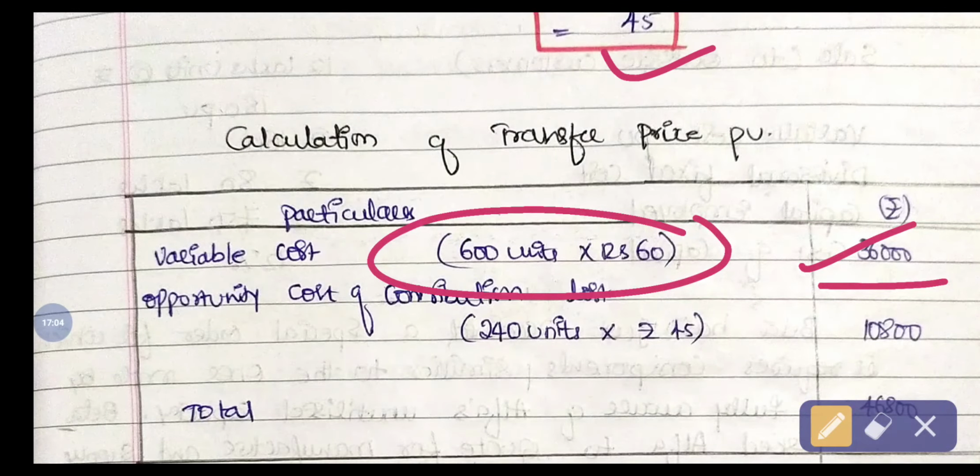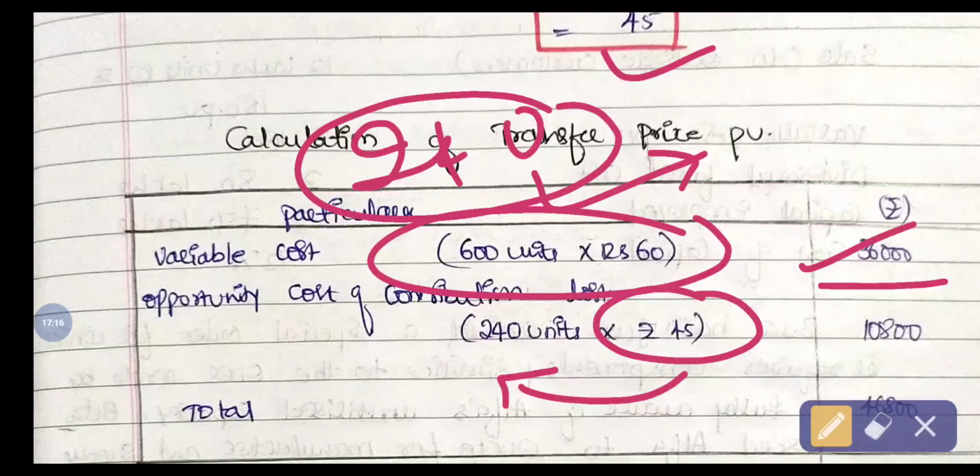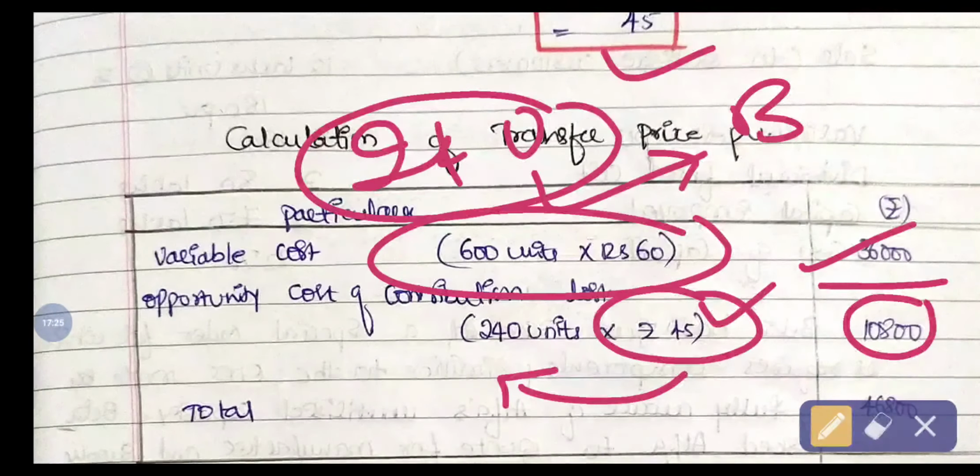Next they will also charge this 45. The 45 rupees is foregone for how many units? That is foregone for 240 units. So for manufacturing the extra 240 units for division B, this is the contribution that is foregone by division A, so they will charge this also for recovering the loss.